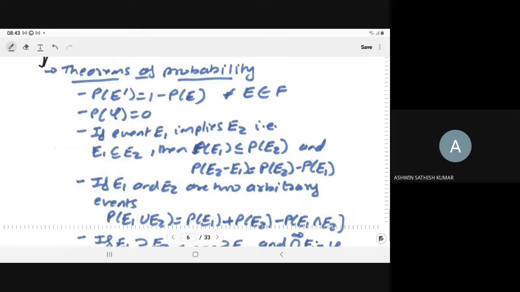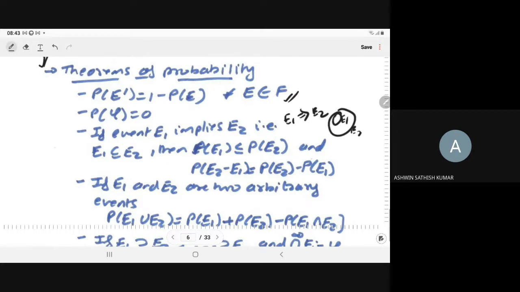Here the probability of the complement is equal to 1 minus the probability of the event, when E belongs to the sigma field. The probability of the impossible event is 0. If event E1 implies E2, I have already told you, means if this is E2, then this is your E1.